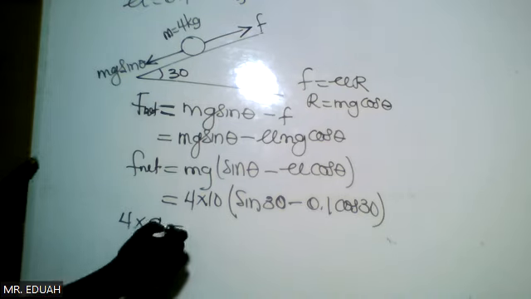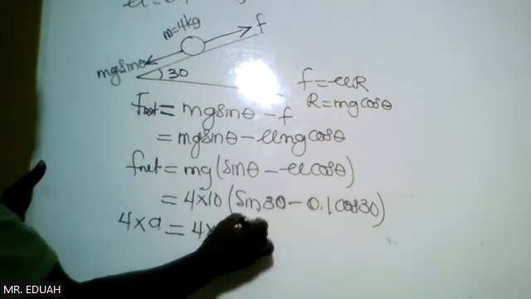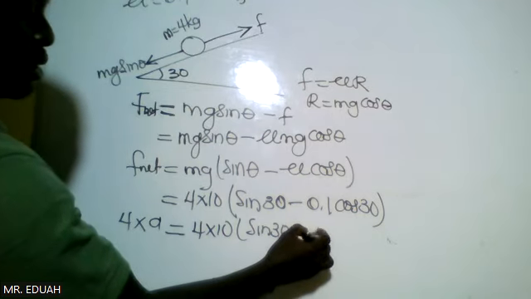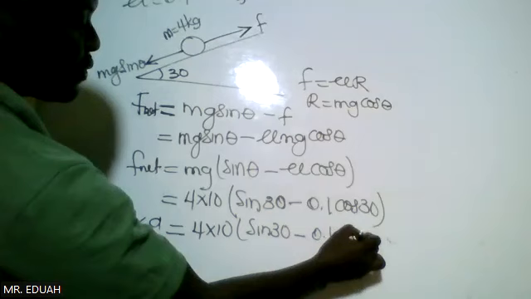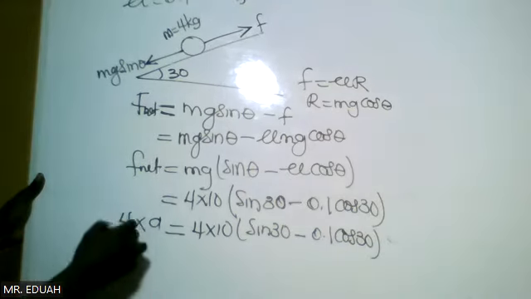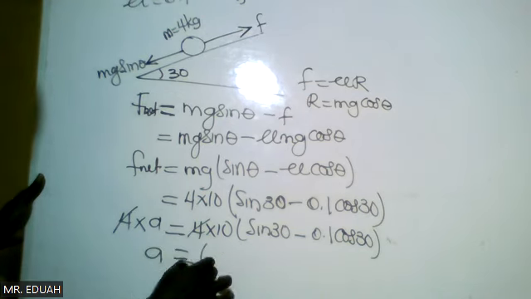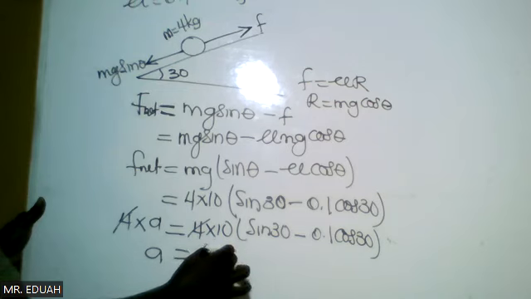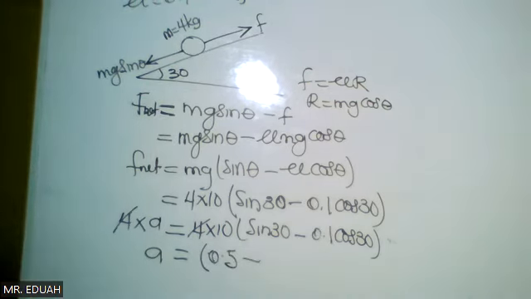So A would be 4 times 10 times sin of 30 minus 0.1 times cos of 30, divided by 4. The 4 cancels out. A is equal to sin 30, which is 0.5, minus... multiply 0.1 by cos 30.